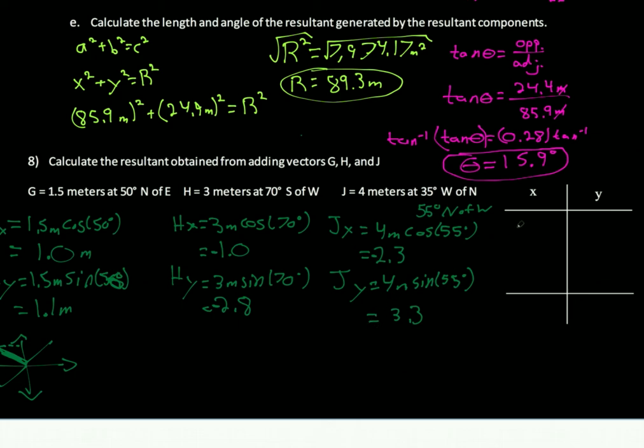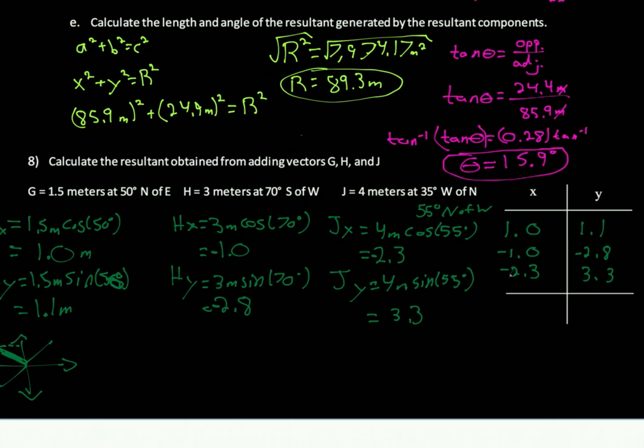So let's write all those down in our table. For the x components we've got 1, negative 1, and negative 2.3. For the y components we've got 1.1, negative 2.8, and 3.3.